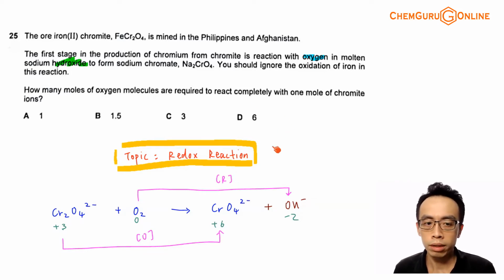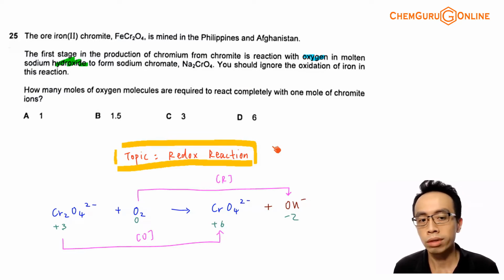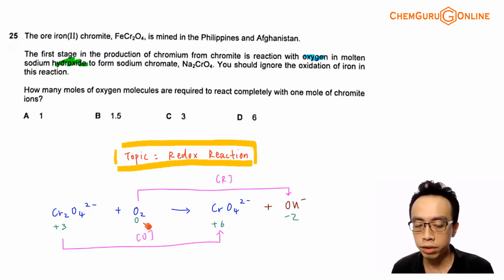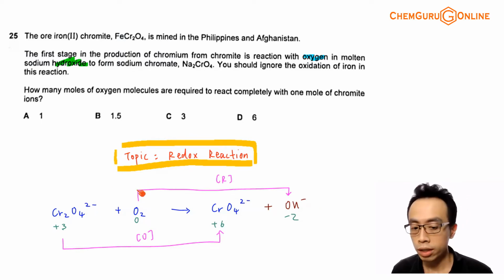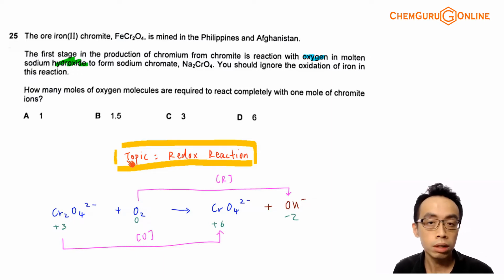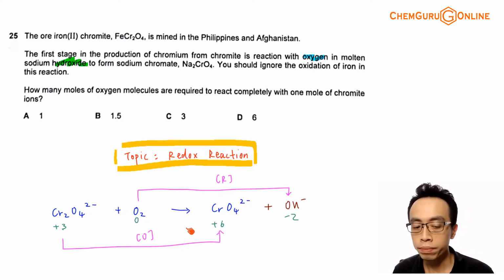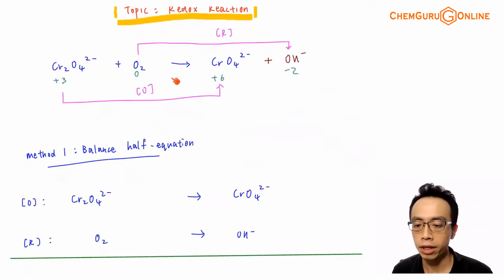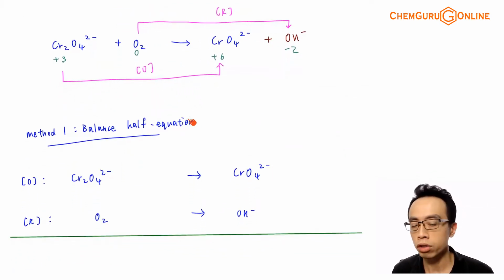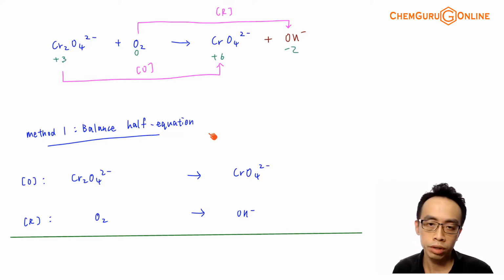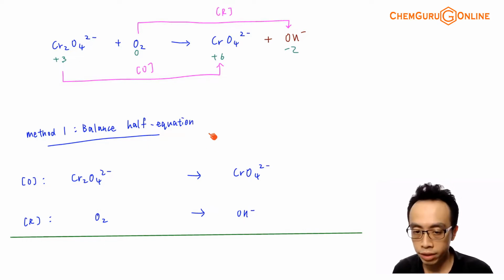And essentially there are 2 methods that we can use to determine the number of moles of oxygen reacting with our chromite. First method is we try to balance the overall redox reaction, and from there we can determine the mole ratio. So let us take a look at the first method here. Involving the balanced half equation method, we will have to split into the oxidation half equation and the reduction half equation. By right, we will have to balance this in alkaline medium, since the question mentioned that this is in the presence of sodium hydroxide.